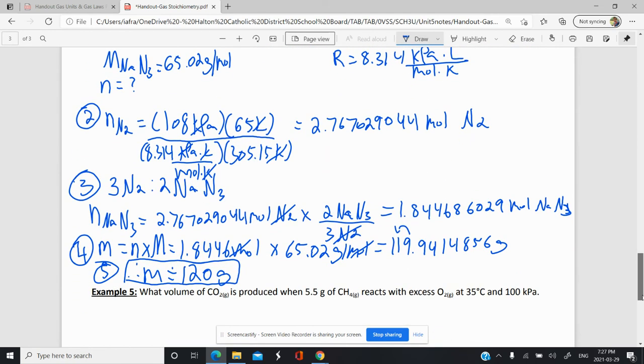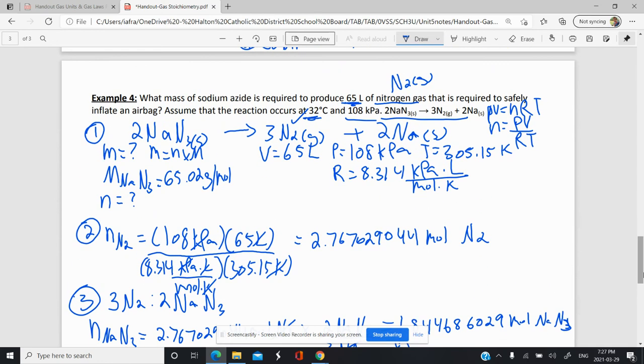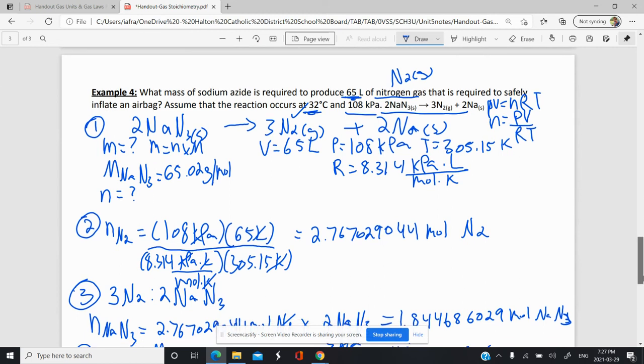If you want to double check that you're on the right track, you could always just work backwards. So we have 120 grams of sodium azide. We can divide that by 65.02 to get the number of moles. We can then look at our mole ratio and do times 3 divided by 2, and we get 2.76 moles of N2. And then we can go ahead and figure out the volume from PV is equal to nRT.